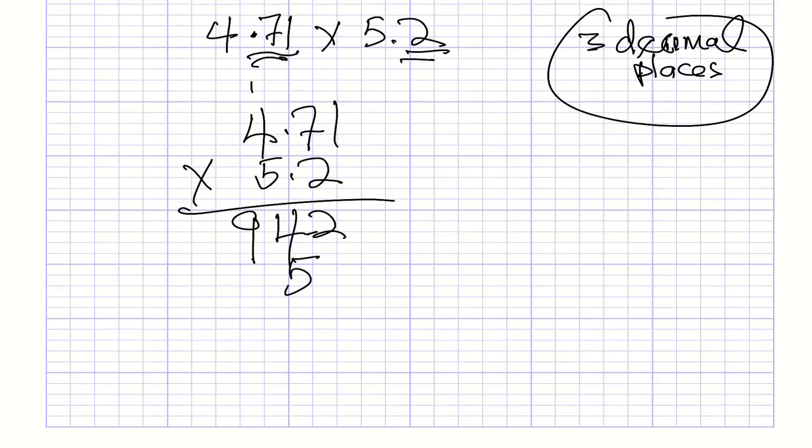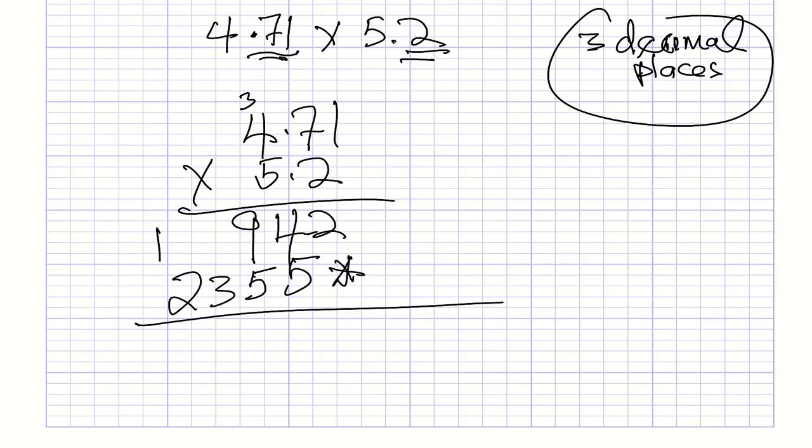Now you make a space, you can't write it under 2, you write it under 4. Okay, 5 times 7 is 35, right? And then you write down 5 and you carry 3. You write 3 here, and then you say 5 times 4 is 20. 20 plus 3 is 23, right there, 23.